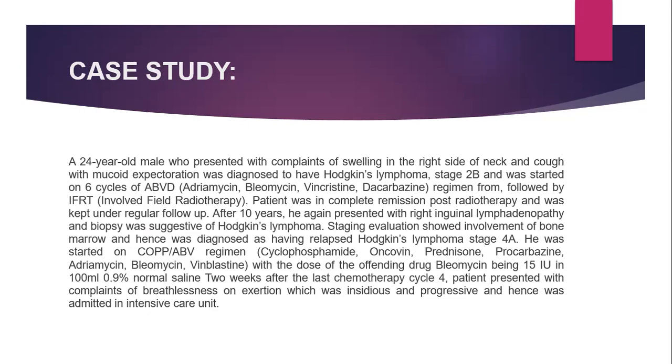Now, there's a case. A 24-year-old man presented with a complaint of swelling on the right side of the neck and cough with mucoid expectoration, and was diagnosed with Hodgkin lymphoma stage 2B.